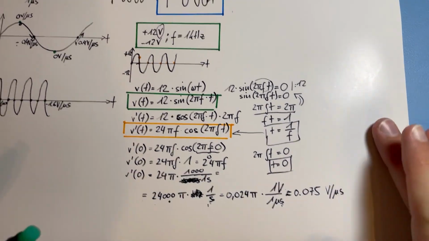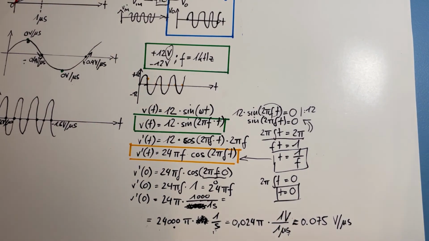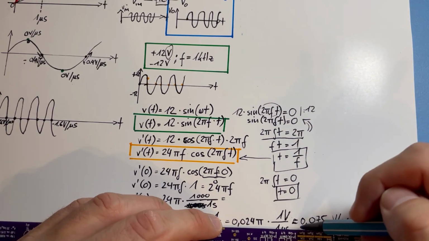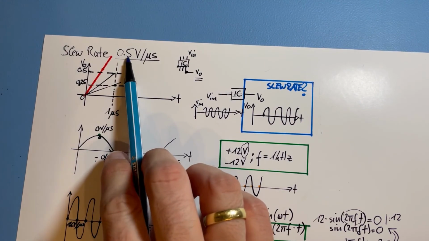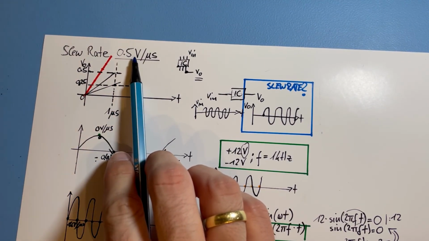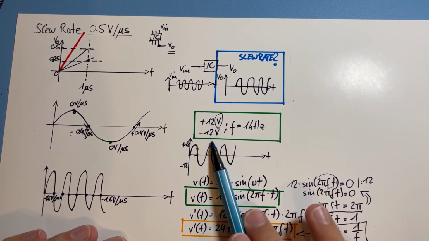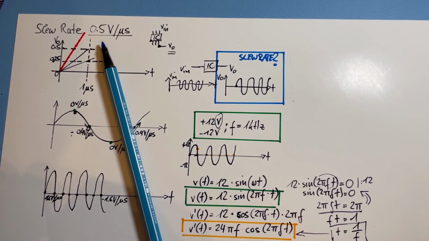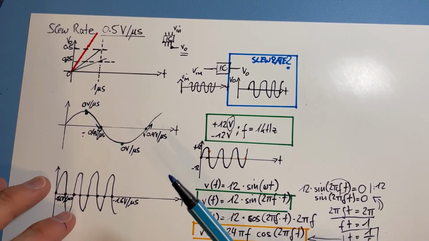And as you can see, 0.075 volts per microsecond is easily less than 0.5 volts per microsecond. So we can easily support that 12 volt signal with our 0.5 volts per microsecond output slew rate. And that is how the calculations are done.